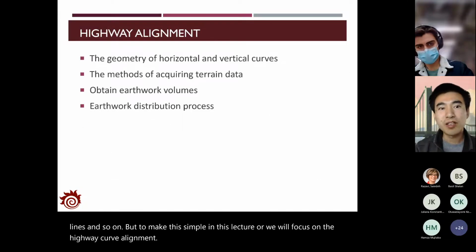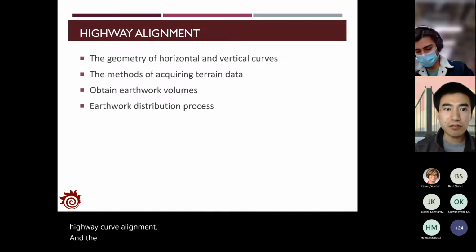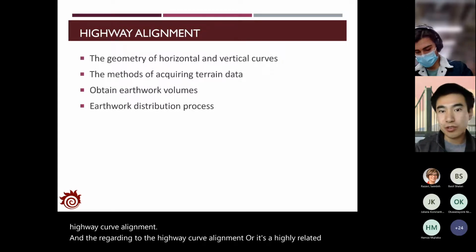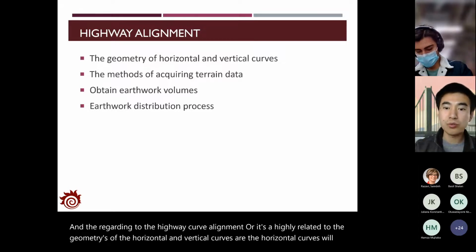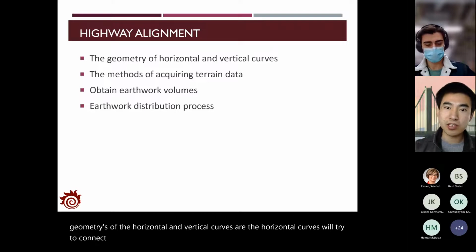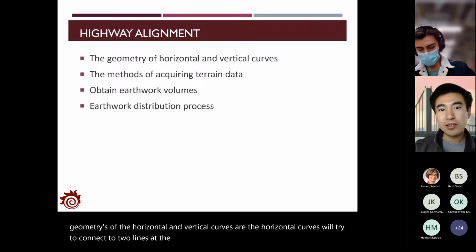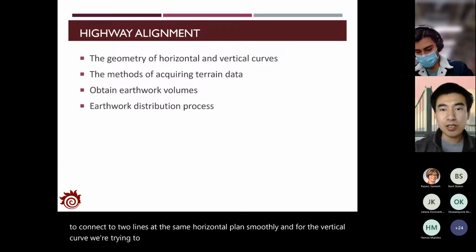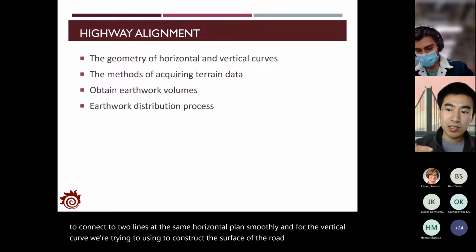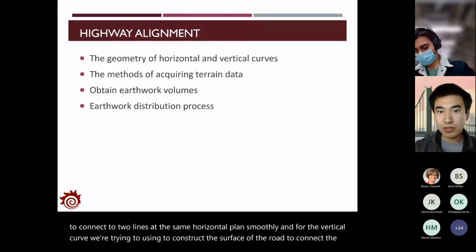And regarding the highway curve alignment, it's highly related to the geometries of the horizontal and vertical curves. The horizontal curves connect two lines in the same horizontal plane smoothly, while the vertical curve constructs the surface of the road to connect two segments with different slopes.